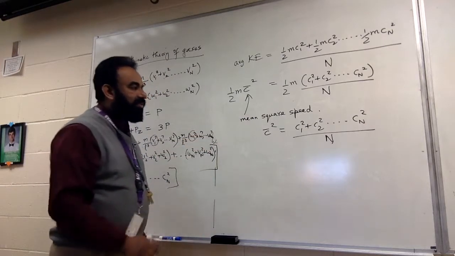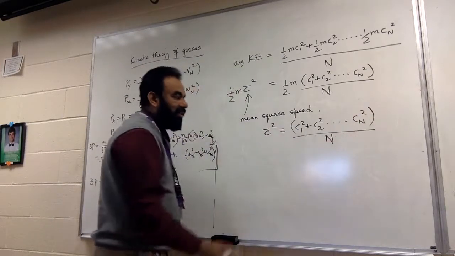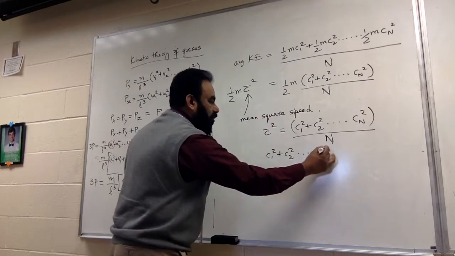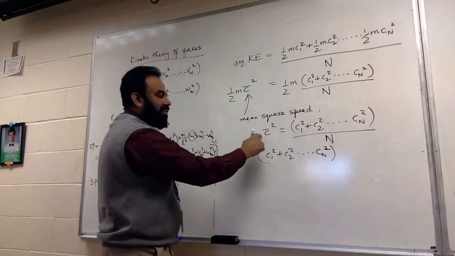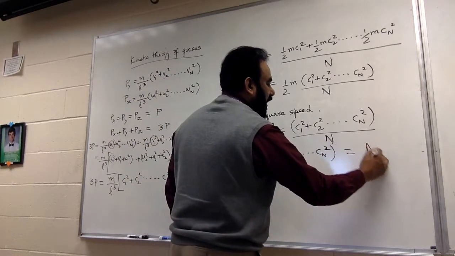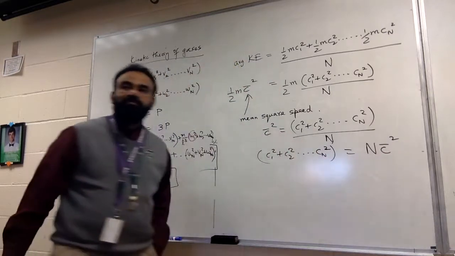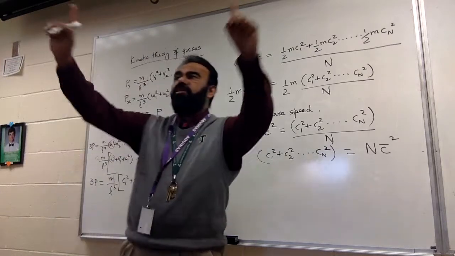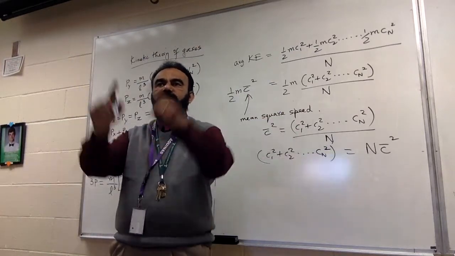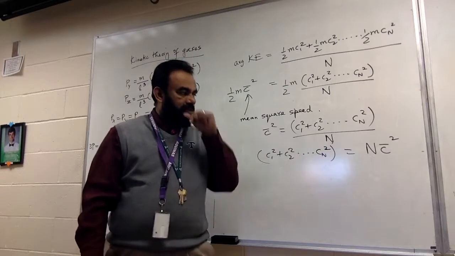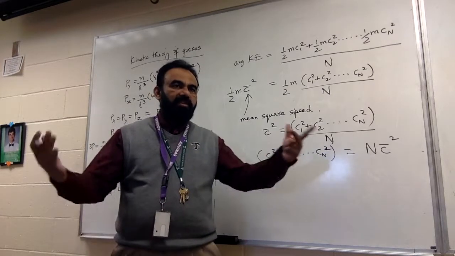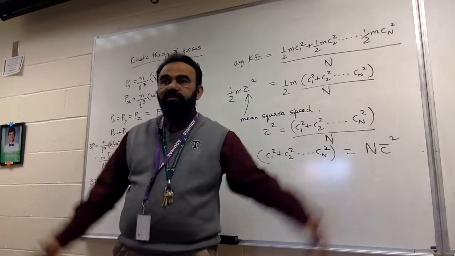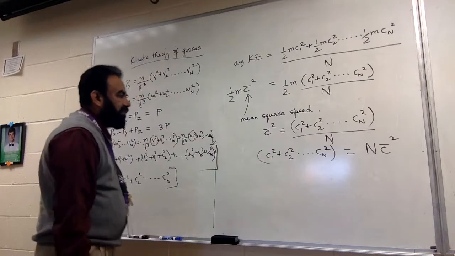All right, so what you understand right now is that C1 square plus C2 square, etc., up to Cn square can now be written simply as n C bar square. So if I tell you the mean square speed in this room is something, you can multiply by the total number of molecules and you have the total of everything.